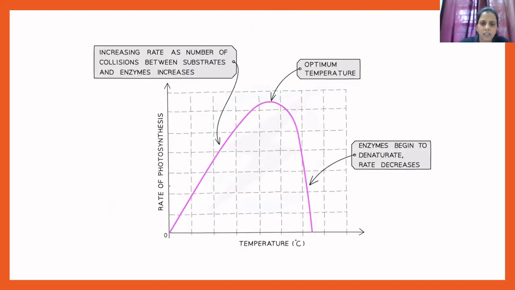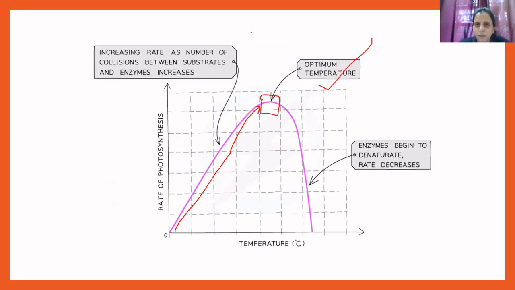So you can look here in the graph, temperature is labeled on the x-axis, rate of photosynthesis is labeled on the y-axis, and you can make out from this graph that with increase in temperature initially, the rate of photosynthesis also increases, and the rate of photosynthesis is highest at optimum temperature, okay. This is the optimum temperature.